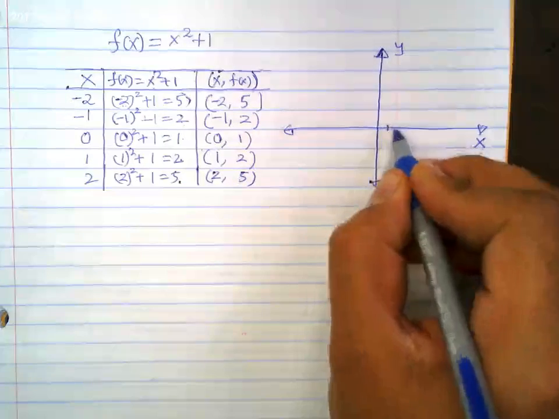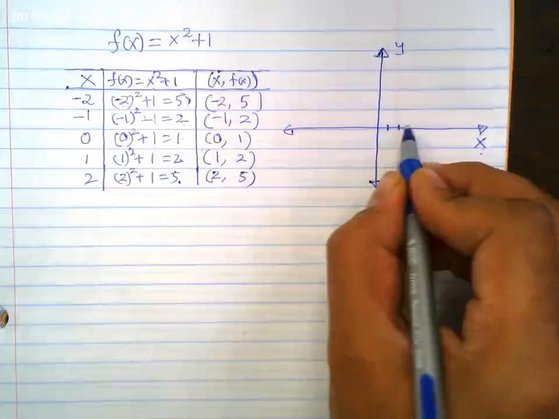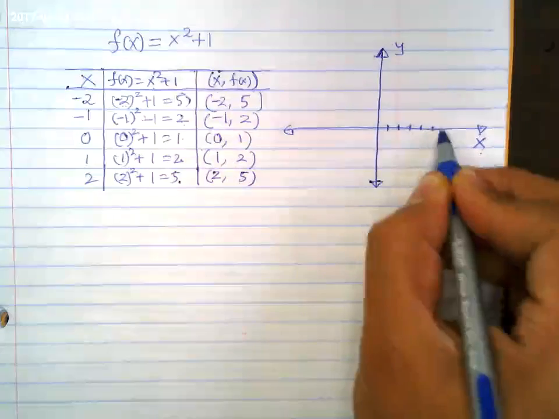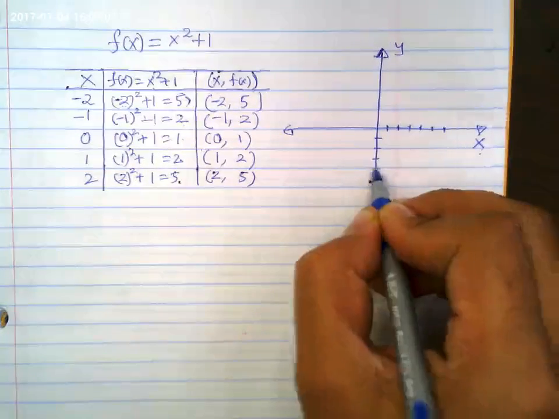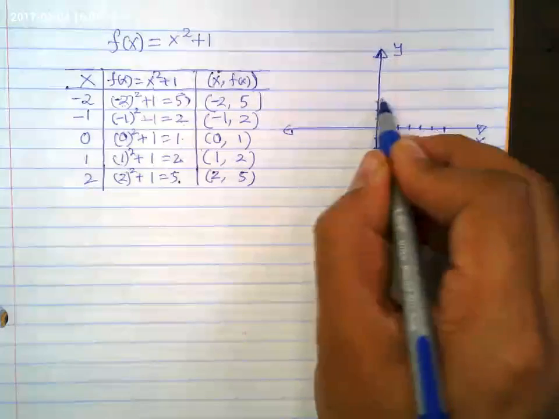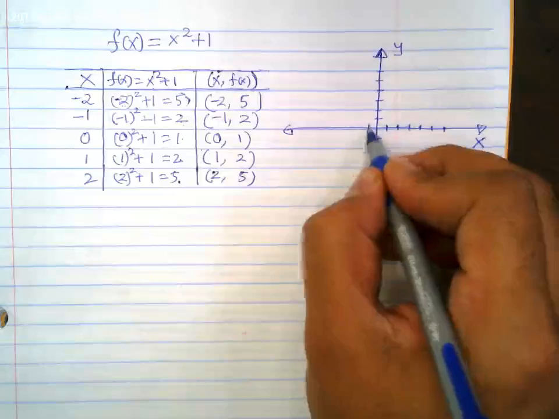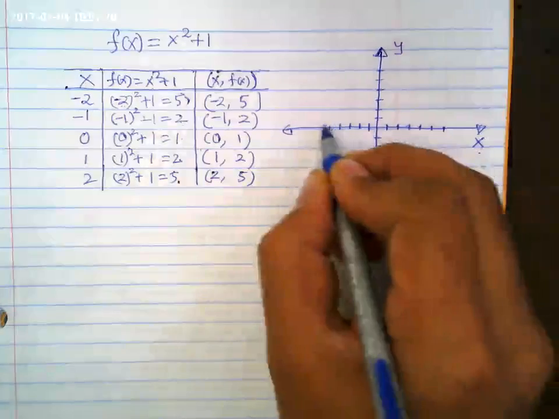Then you will label them. When you label them, make sure you put equal space between these marks. Do it slowly so that you can make it even. The space should be even.